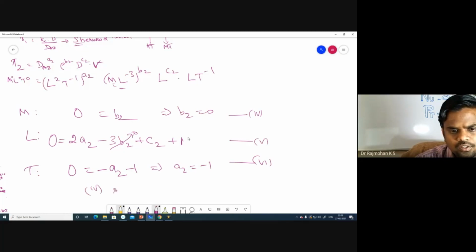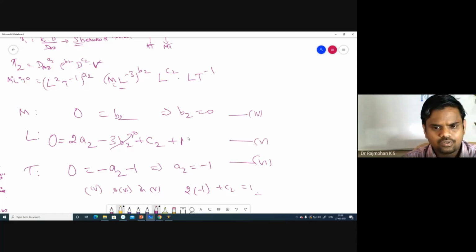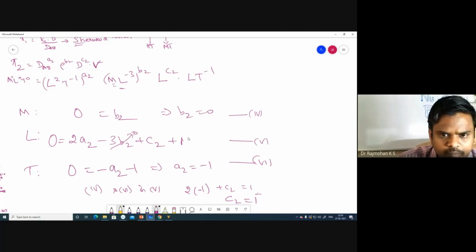Substituting 4 and 6 in 5, a2 is minus 1. So we have 2 into minus 1 plus c2 plus 1 equal to 0.